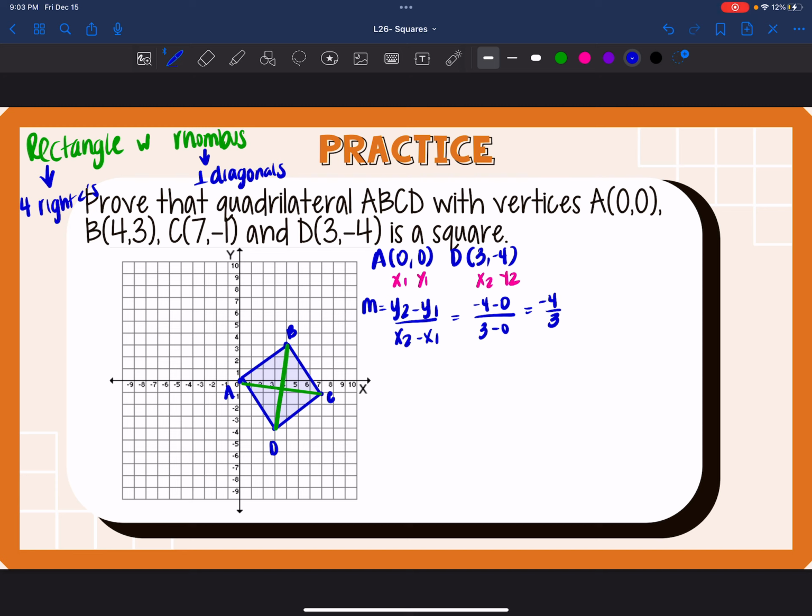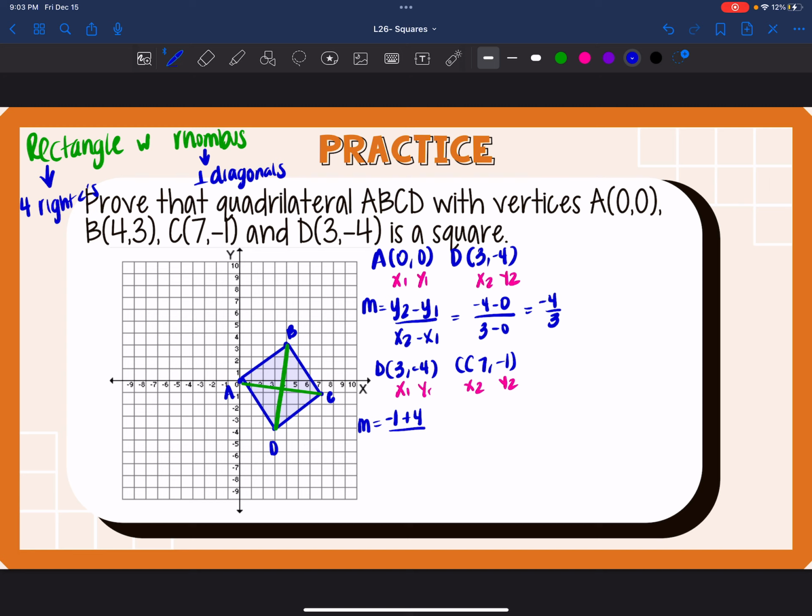So let's go ahead and do DC. D, which is 3, negative 4, and C, which is 7, negative 1. And we're going to label. We do the same thing all the time. Nothing changes. It's a strategy. It's a procedure. It's foolproof. You do it this way and you don't make any mistakes.